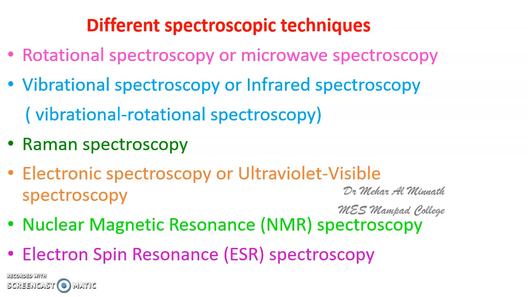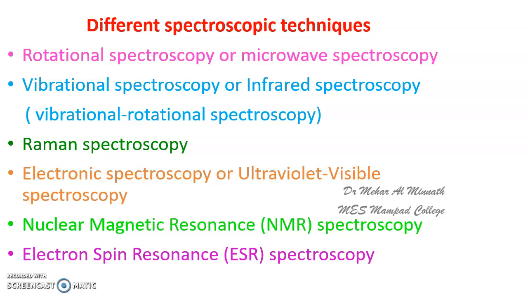So the transitions between the magnetic energy levels of an electron with unpaired spin in an external magnetic field are investigated when the sample is irradiated with radiation of the microwave region in ESR spectroscopy. We will be discussing in detail a few of these spectroscopic techniques.